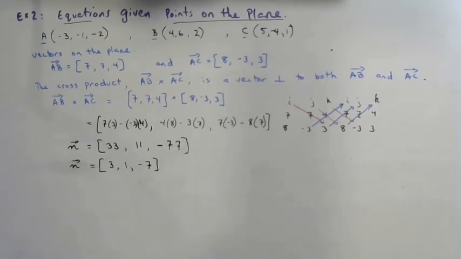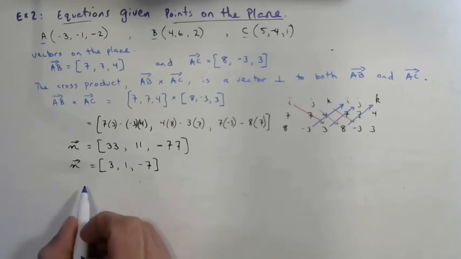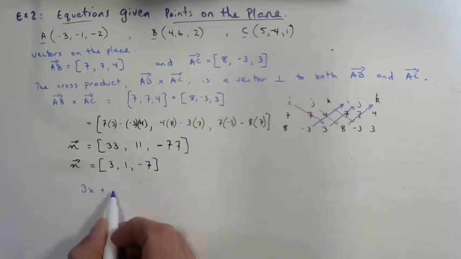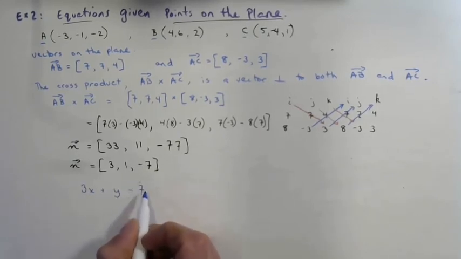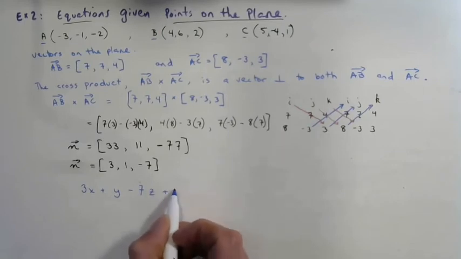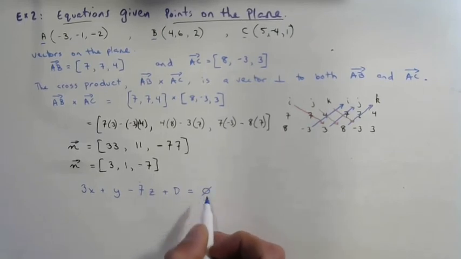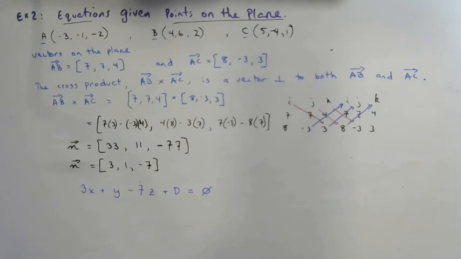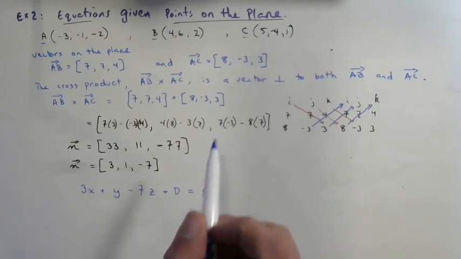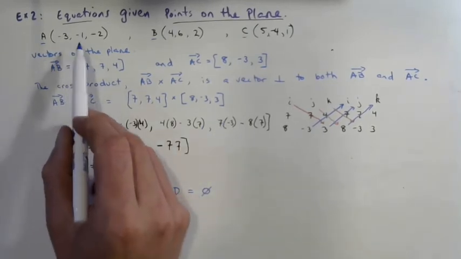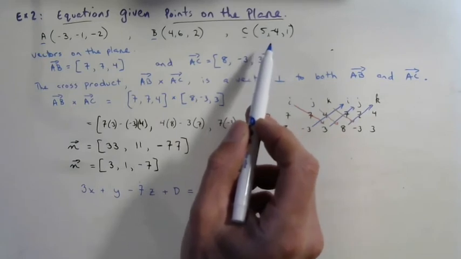Well, now that I have a normal vector, I can just sub those components in as the coefficients of my scalar equation for the plane. So that gives us 3x plus y minus 7z plus d equals 0. Our last point is to try to figure out what d is. I can sub in any of my 3 points that fall on the plane.